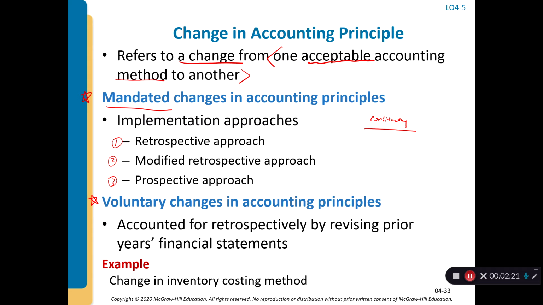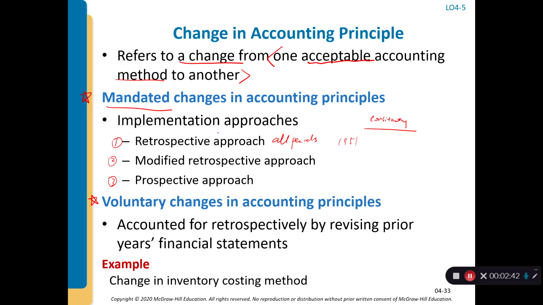And what is a retrospective approach? It means that a new standard is applied to all periods presented in the financial statements. That's amazing. Like, say your company started to publicly disclose information in 1951.